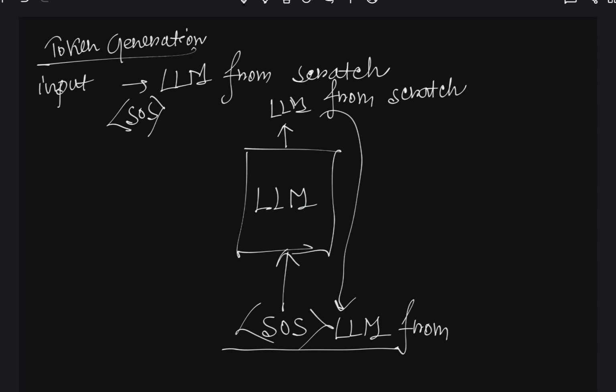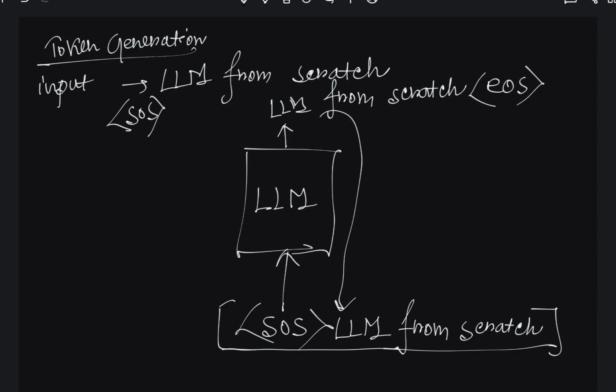Actually this won't be the final output. You add "scratch" to the input, extend the context length, send it to the LLM, and you expect it to produce an end of sentence token, the EOS. That terminates the generation process, and it gives the output to the user.